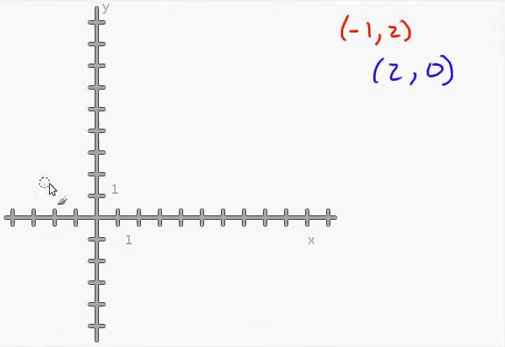So we'll say -1 is right here in the x, and then 2 in the y. And likewise, we'll do the same thing with 2 and then 0. And then we'll connect these 2 points with a line, just like we did before.